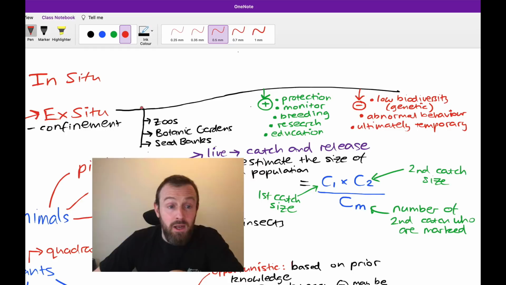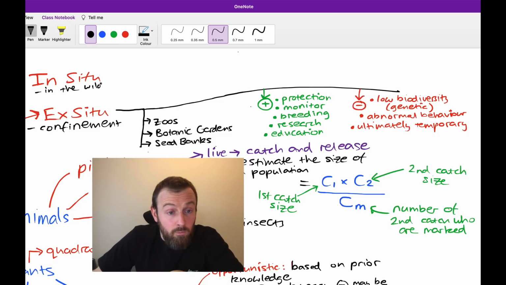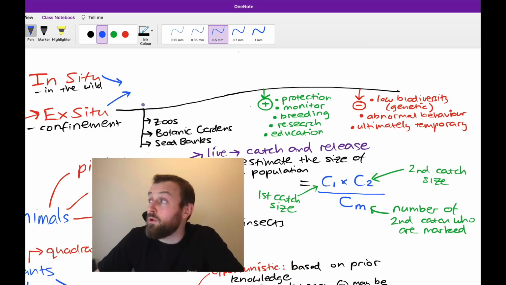So ex-situ plus in-situ. In-situ is in the wild. And if we can use these two, ex-situ and in-situ, together, there's a possible repopulation angle.